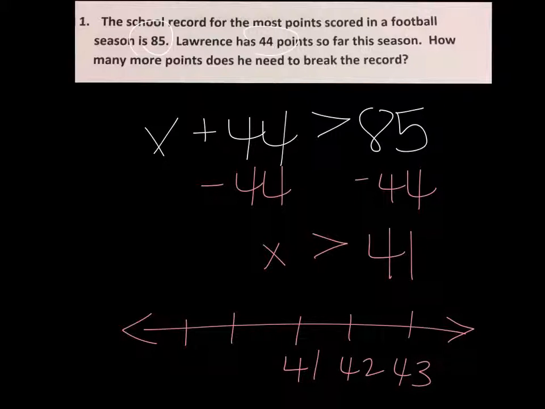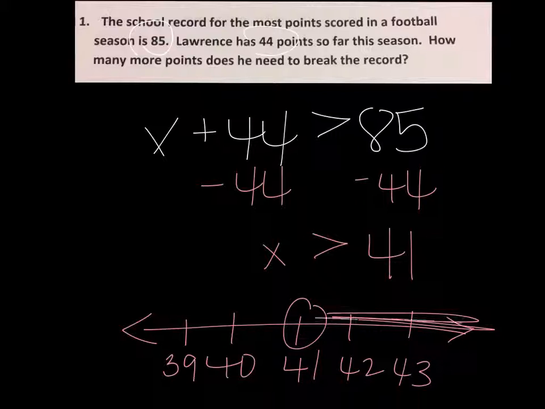I'm going to have 2 numbers on each side. My number goes around the line. My variable's first. So I shade the way my inequality sign is pointing. He can have 42. He can have 43. 41 is not colored in, so 41 is not a solution.